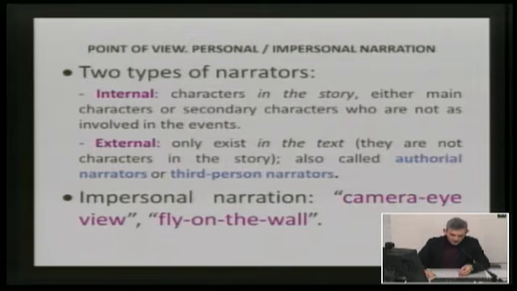So these scenes advance essentially through dialogue, and there is no intrusion from a narrator. As you can see, impersonal narration is sometimes called camera eye or fly on the wall, to suggest that someone is watching, but they don't intervene, they don't speak.